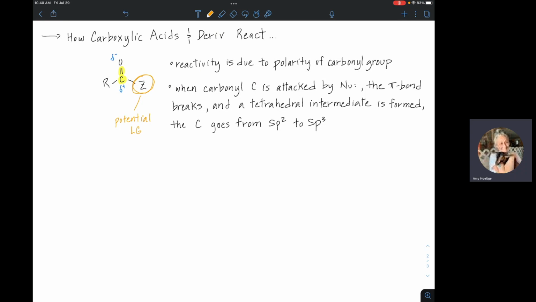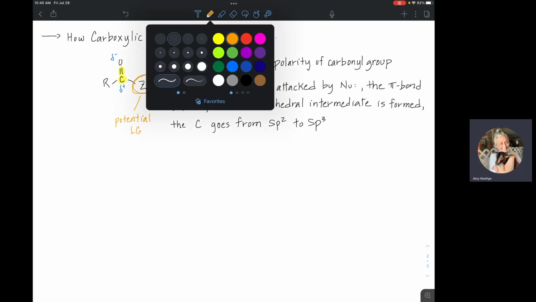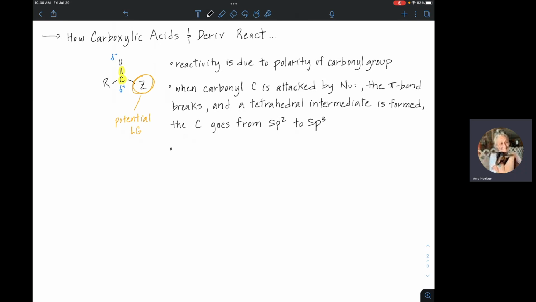If the leaving group is a weaker base or has been protonated to form a weaker base, so in other words, say we took the hydroxyl group of a carboxylic acid and protonated it to make water, that's a pretty weak base. That can leave, right? Then your leaving group will leave. So this reaction is called a nucleophilic acyl substitution, because we have an acyl group there, R, and then the carbonyl.